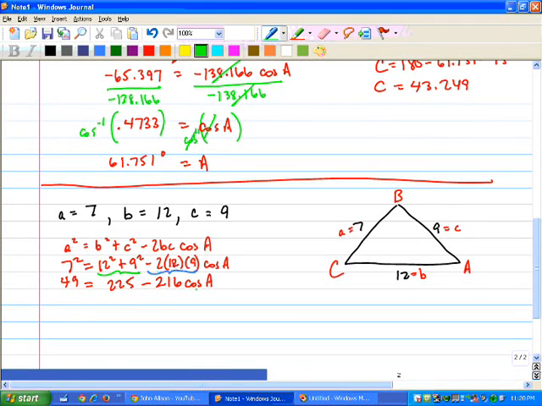To isolate the cosine A, we first subtract 225 from both sides, which cancels on the right. Leaves me with 49 minus 225, negative 176, equals negative 216 cosine angle A. Isolating cosine angle A, we divide both sides by negative 216.